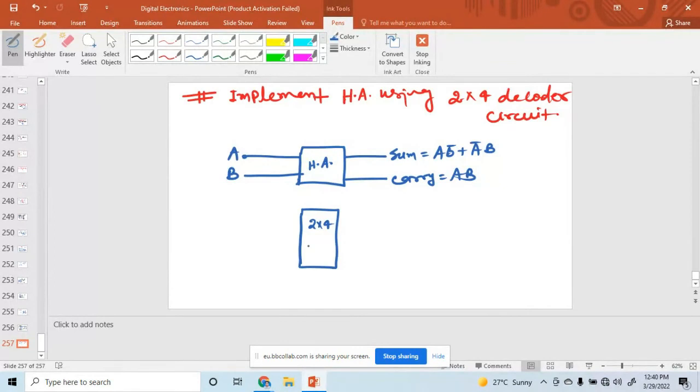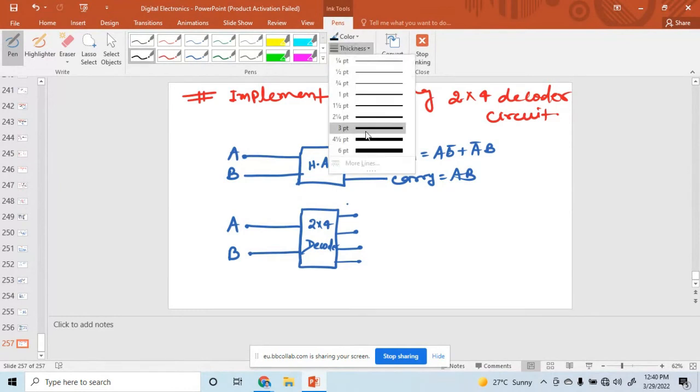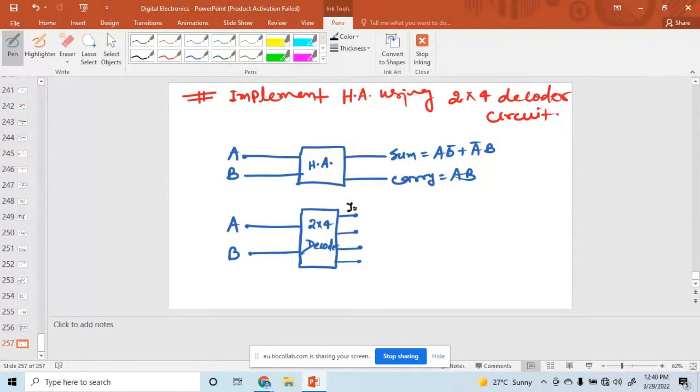2 to 4 decoder. So input is A and B, and the output is Y naught, Y1, Y2, and Y3.